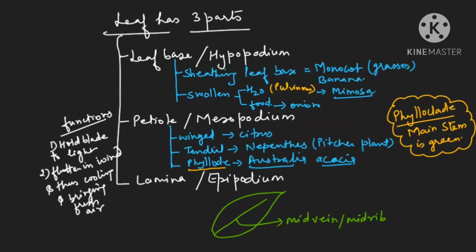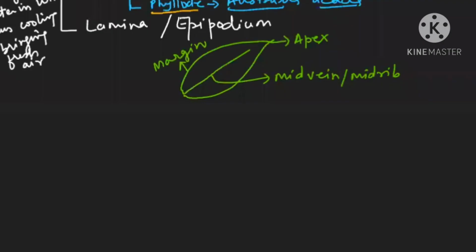Is it clear? And this is the leaf apex. And this side is drawn now. So these are known as margins. Shape of the leaf, margin of the leaf, apex of the leaf, surface and extent of incision in lamina vary in different leaves. Writing all the points, check carefully.